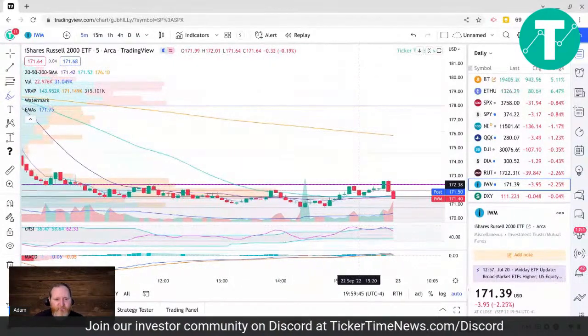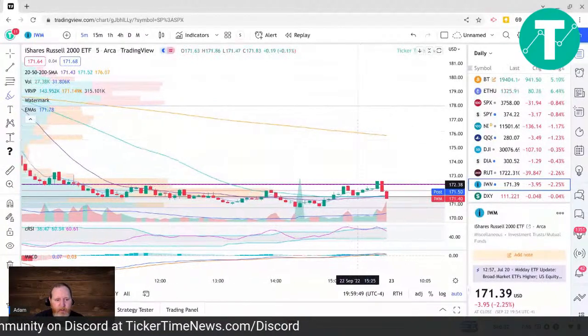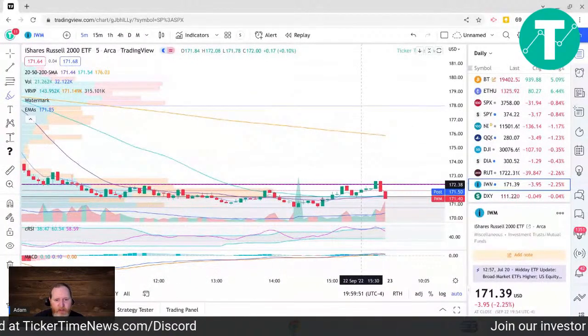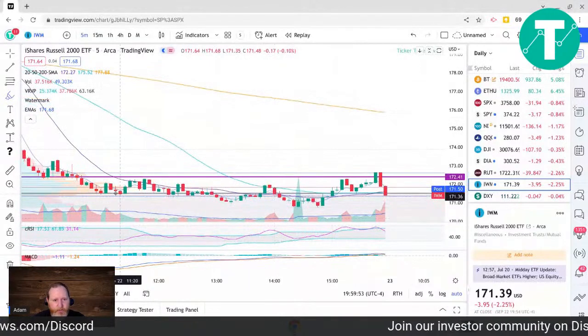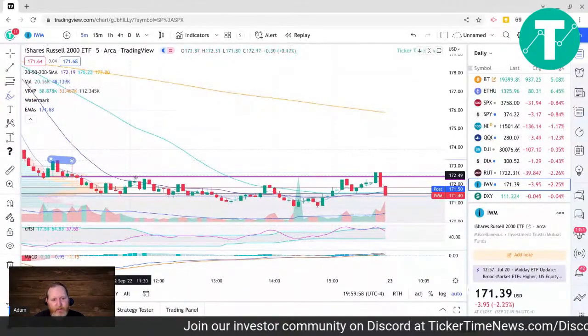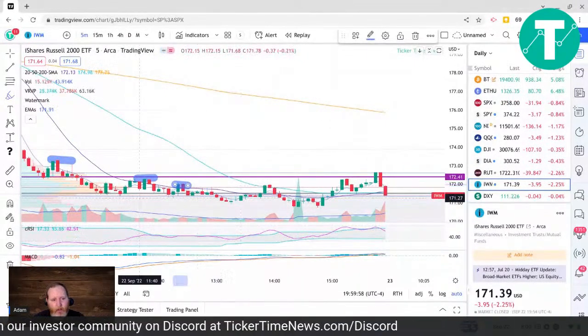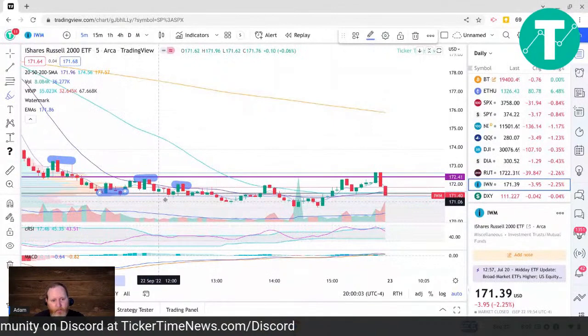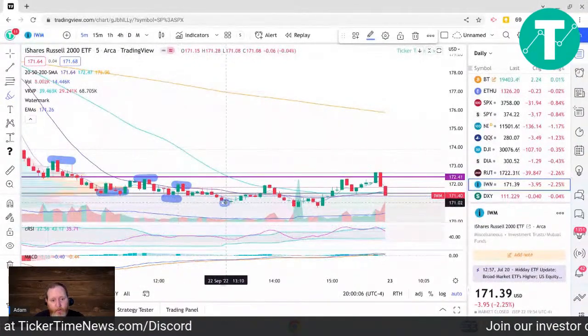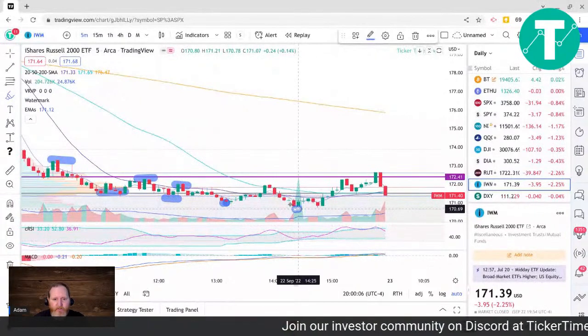Now, if we look here, went a little too far. Yeah, that big sell-off was yesterday. This afternoon is what I really want to look at. We had a lower high, lower high all morning, followed with lower low, lower low, lower low, before it finally turned around right here. There was a big spike of green.